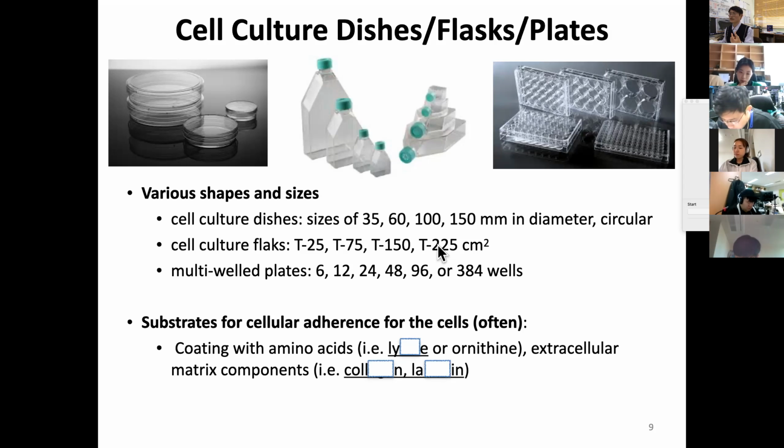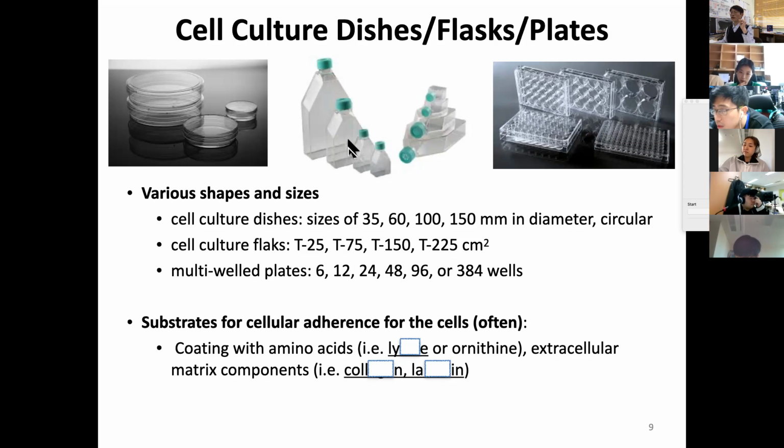This number usually means the area of the bottom where the cells are actually growing. I particularly love to use this because you see this small narrow neck opening. Because of this, there is much less chance of contamination.